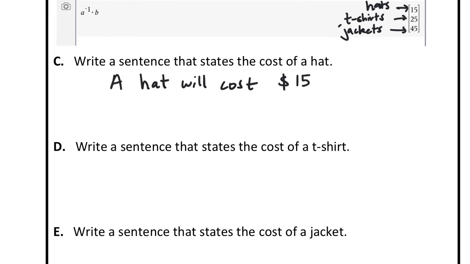A t-shirt will cost $25, and jackets are going to cost $45.